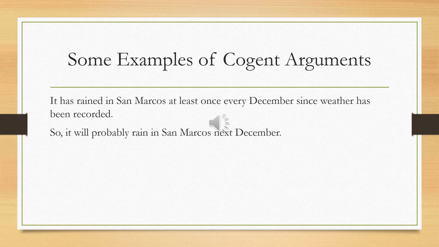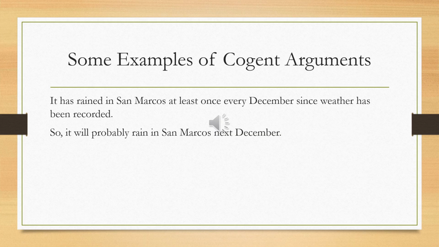Well, if that premise were true, if in fact it has rained in San Marcos at least once every December for, say, the last 125 years, it would be very likely that it's going to rain in San Marcos next December. This is a prediction, and the conclusion of this prediction is likely if the premise were true. So it's a strong argument.